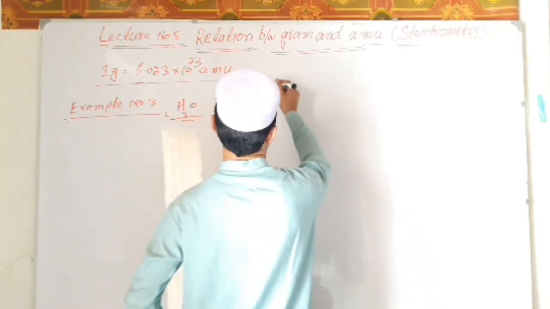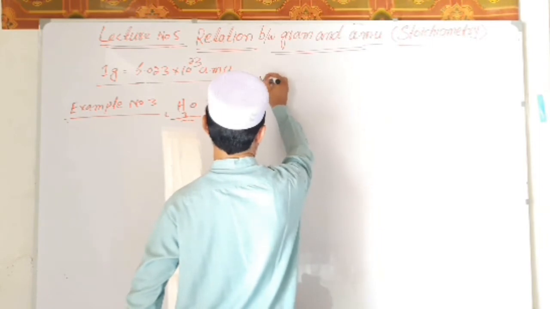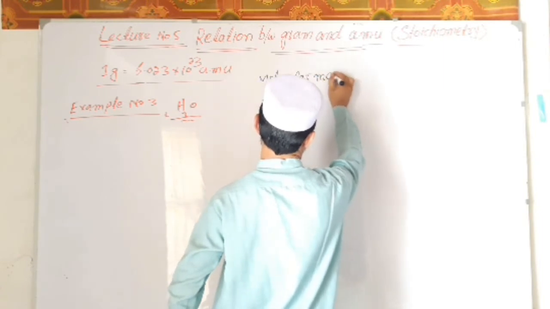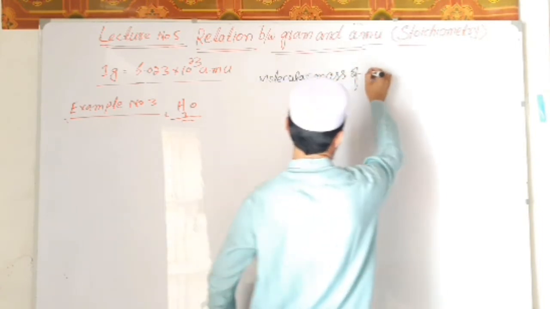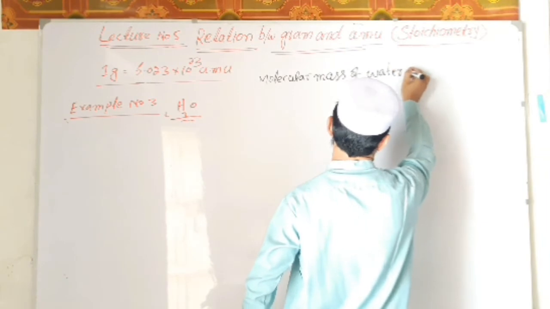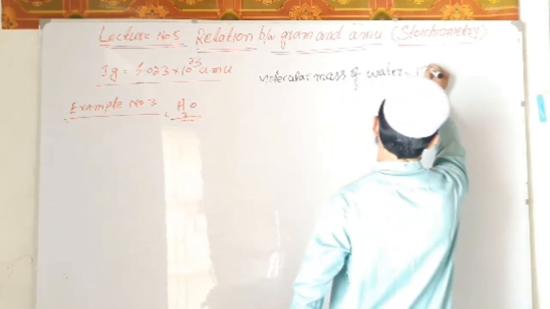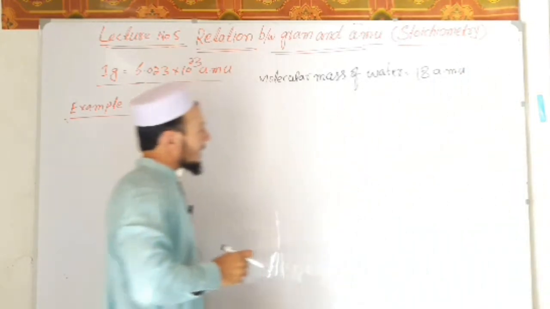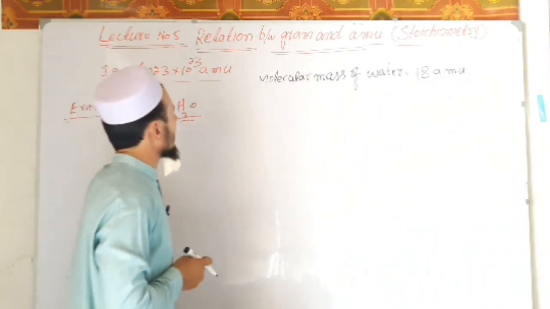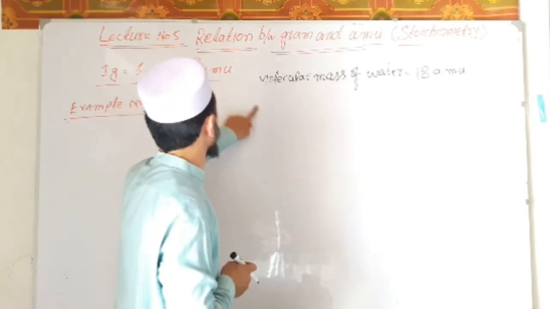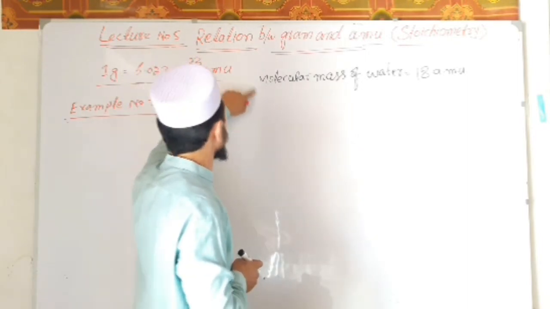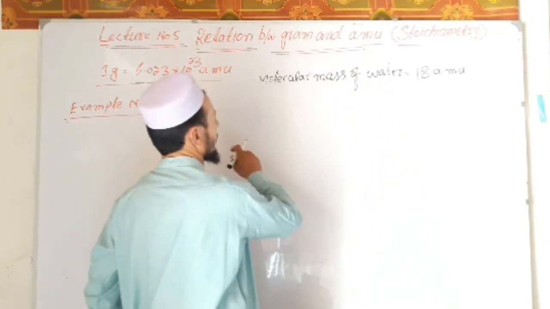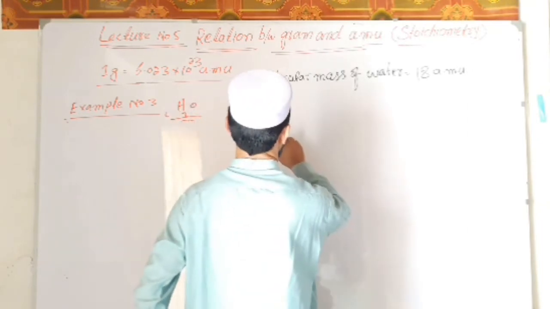So dear students, we know that molecular mass of water is equal to 18 a.m.u. But dear students, you are suggested that if you have not watched lecture number 4, A, B and C, you may watch that lecture first, then it will be very easy for you to understand this lecture.